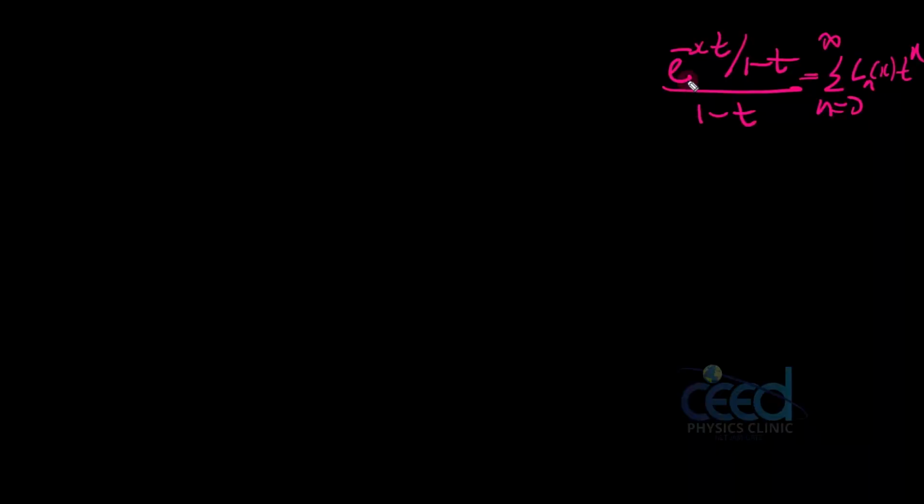See, if I am expanding this e raised to minus xt divided by 1 minus t, whole divided by 1 minus t, so this 1 by 1 minus t I am keeping here, right? So what is e raised to x on expansion? We know that 1 plus x by 1 factorial plus x square by 2 factorial, Taylor series. Similar format we can expand this.